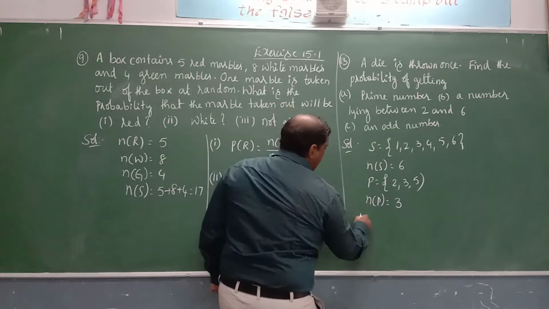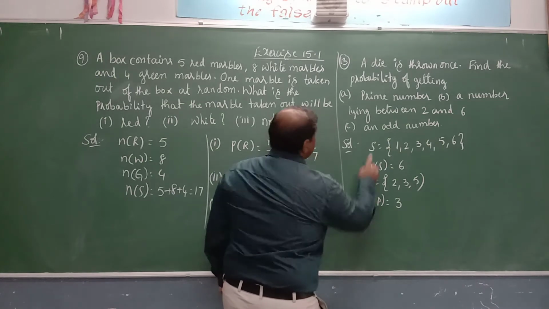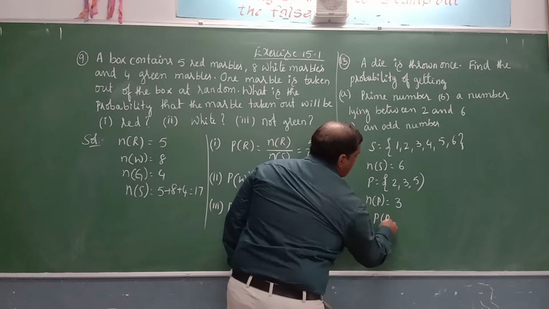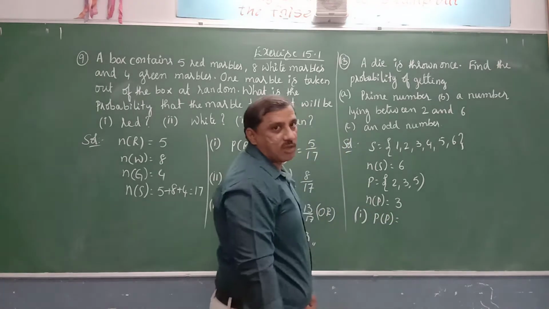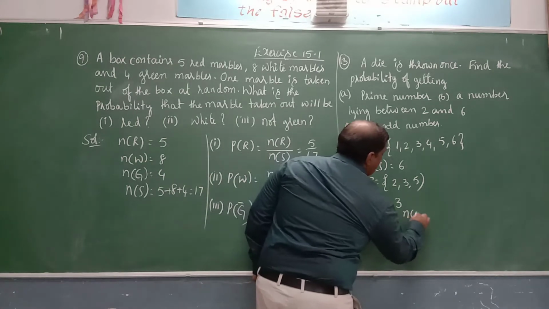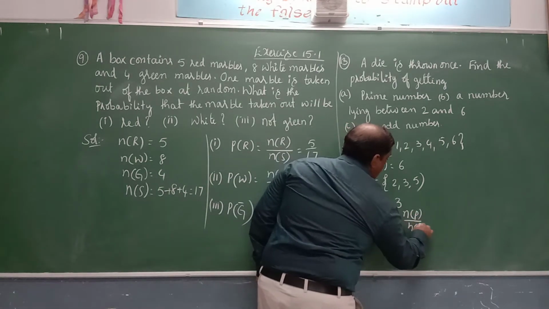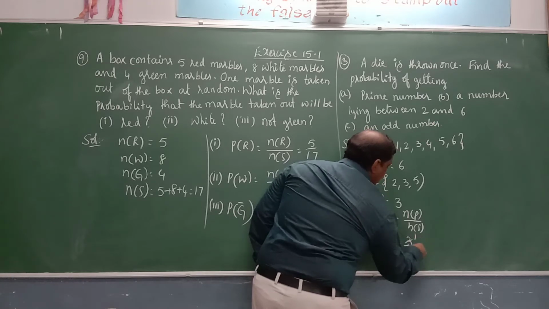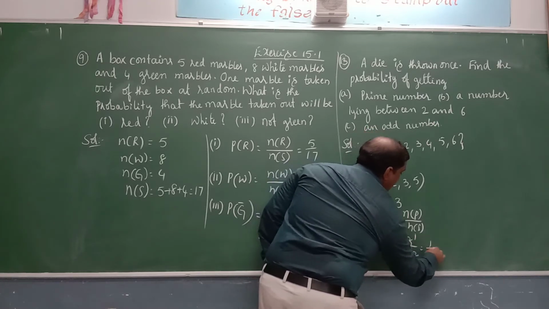So we can find the first one, which is a prime number. That is p of p, the probability of a prime number, is equal to n of p divided by n of s. That is equal to 3 by 6, which is, 3 ones are 3, 3 twos are 6, 1 by 2 we get.